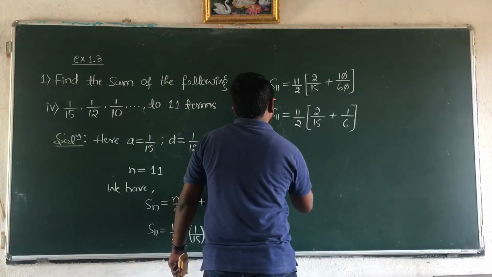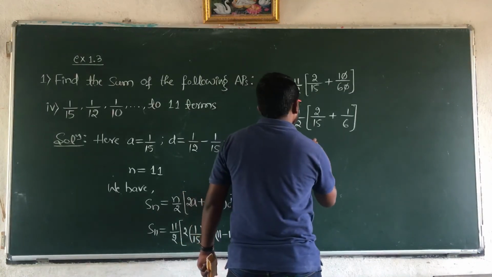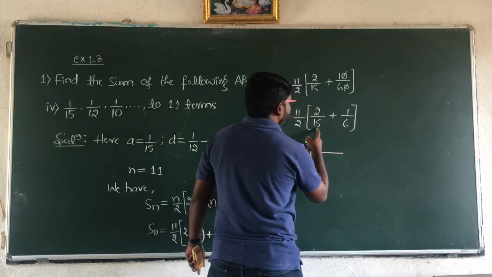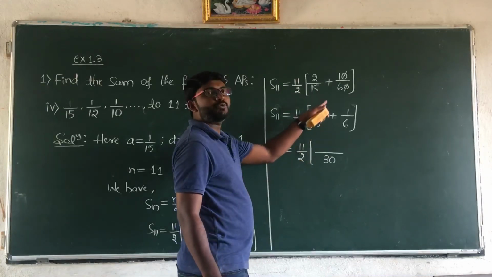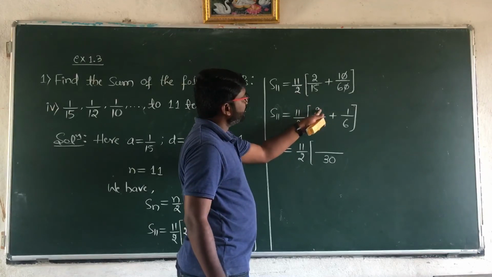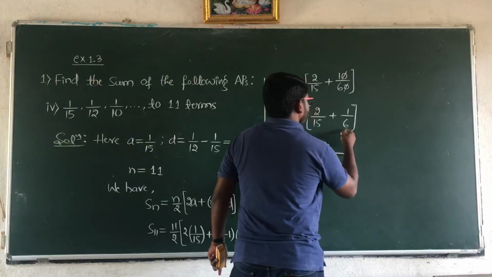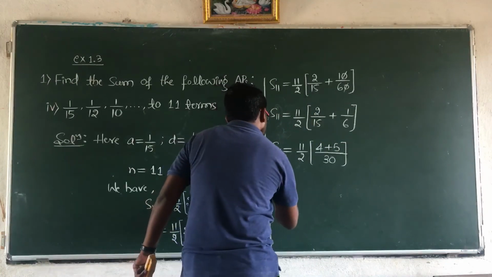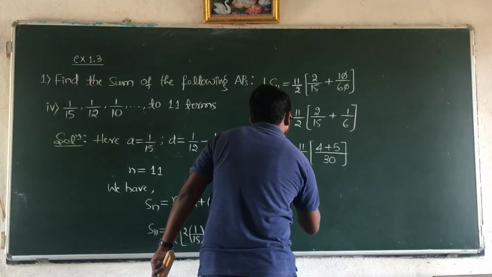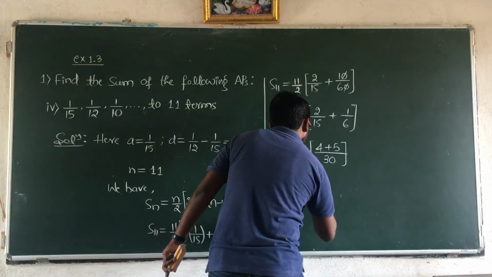S11 is equal to 11 by 2. Here the LCM of 15 and 6 is 30. Then 15 2s are 30, so 2 into 2 is 4, and 6 5s are 30, so it is 5. So now S11 is equal to 11 by 2 into 9 divided by 30.